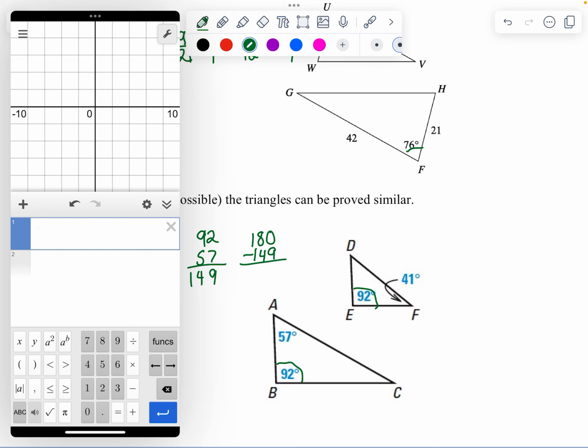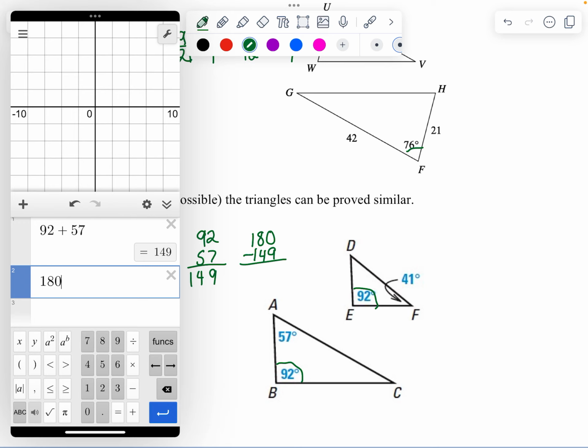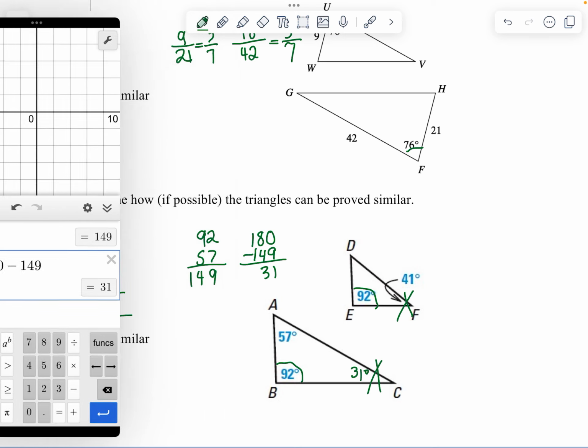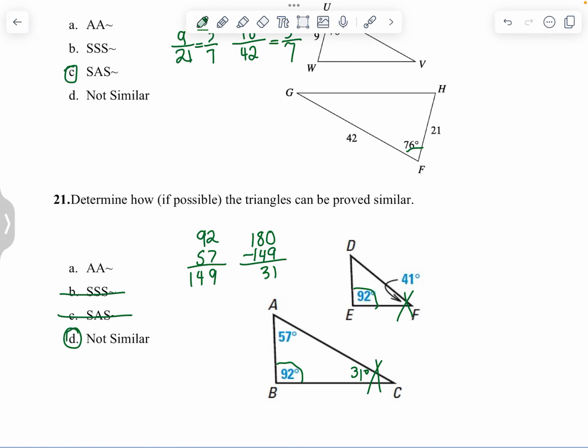Let me make sure I added correctly. All right, we get 31, and unfortunately, 31 does not match 41. Therefore, these triangles are not similar.